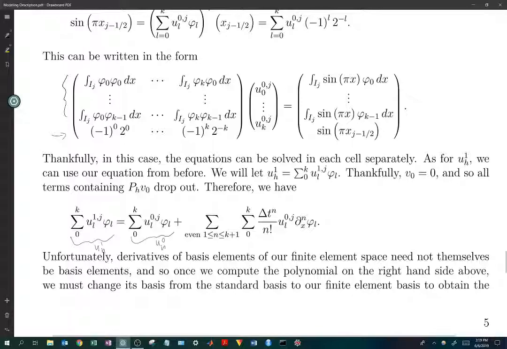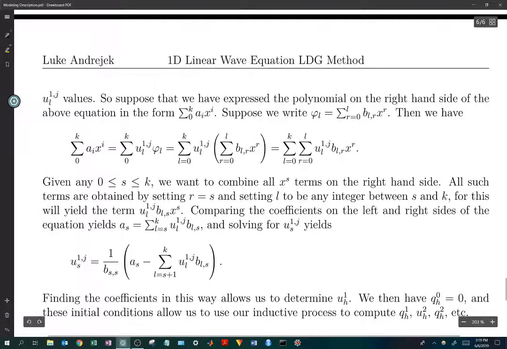So once you take the derivatives here and you figure out this polynomial, when you first compute it, it's written in terms of the standard basis, being 1, x, x squared, x cubed, etc. That standard basis of the space of polynomials. However, it's not written in the finite element basis. So you need to do some stuff to convert it to the finite element basis.